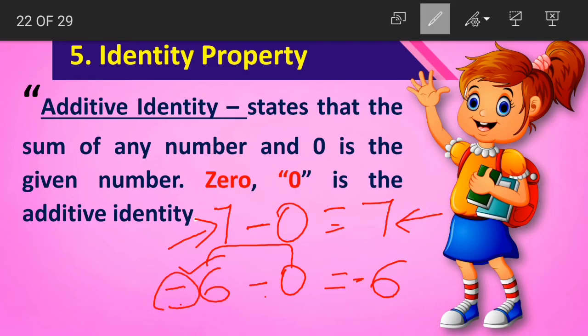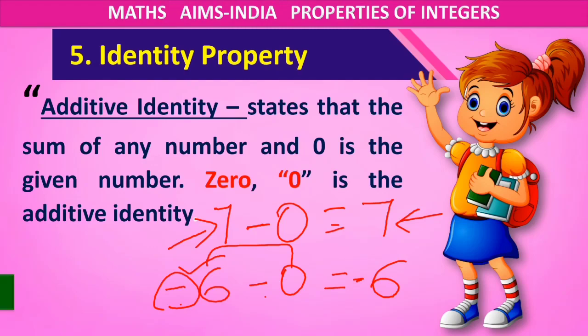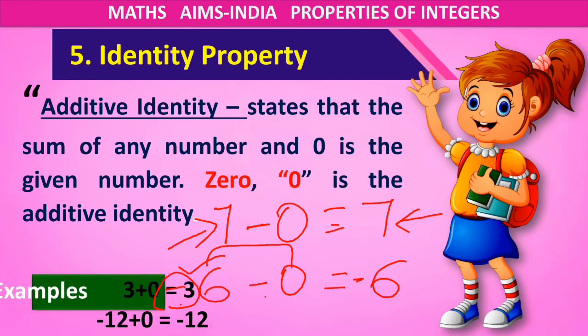So even when we add or remove 0 from a given number, the identity of the number is not changed. So 0 is called as the additive identity and the subtraction identity is also 0. When we add 0 or remove 0 from a given number, we get the same number only.